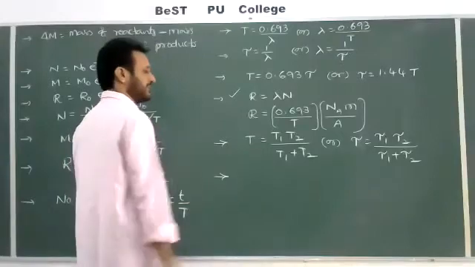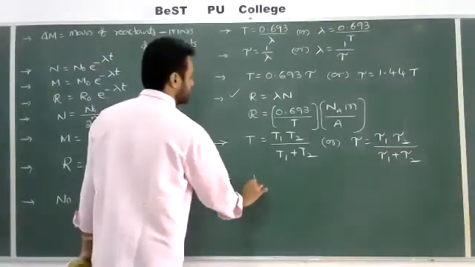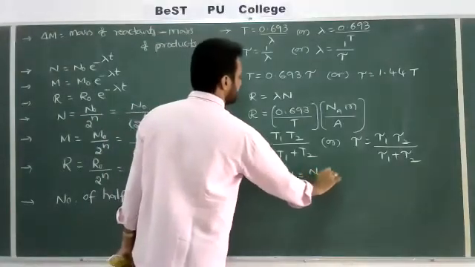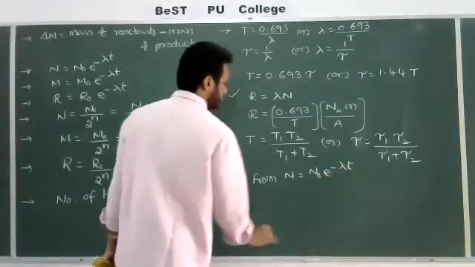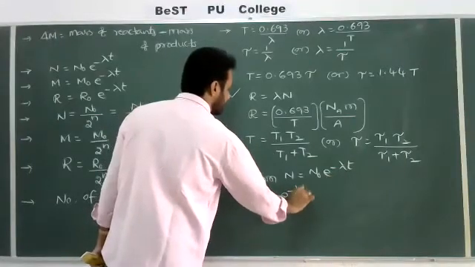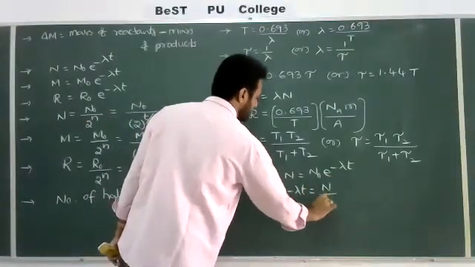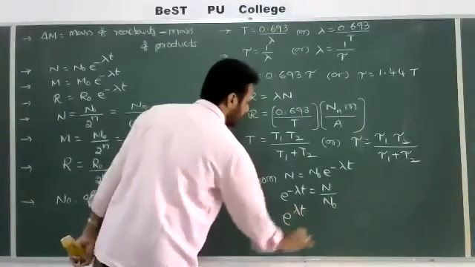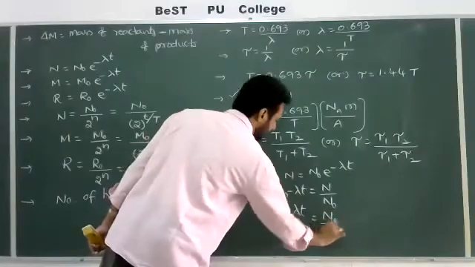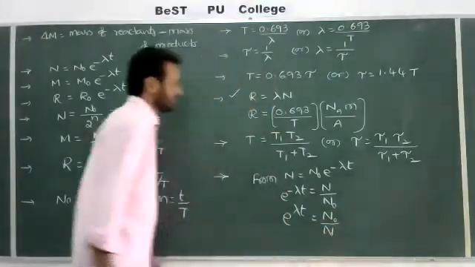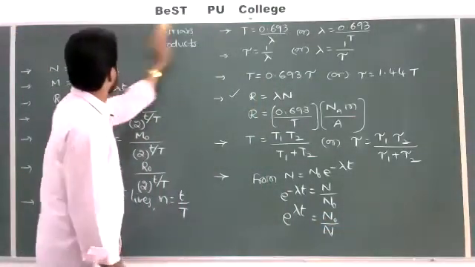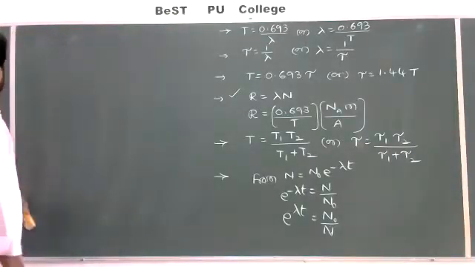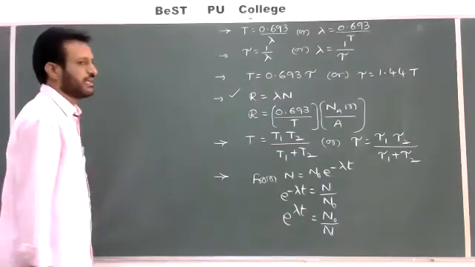If you want to find the formula directly, from the formula N is equal to N naught into e to the power of minus lambda t, I will write e power minus lambda t is equal to N by N naught. Taking the reciprocal on both sides, e power lambda t is equal to N naught by N. Taking e to the right side, it becomes a logarithm.